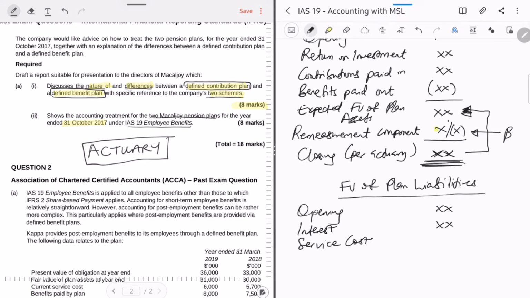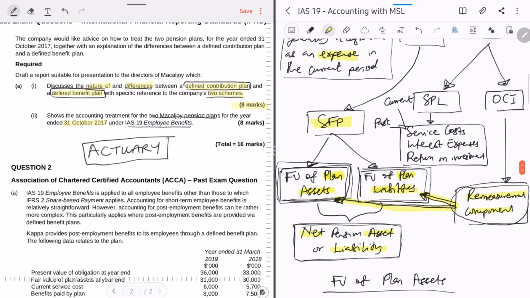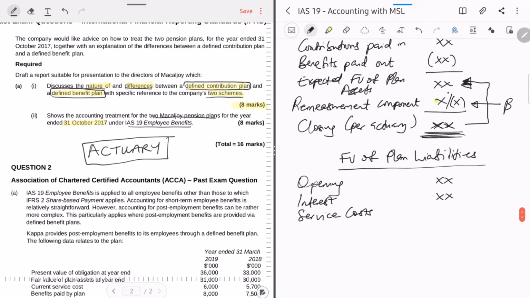Then here you add something called service cost. You remember here I mentioned we have service cost, and there are two types: current service cost and past service cost. So you add your service cost, both your current service cost and your past service cost.